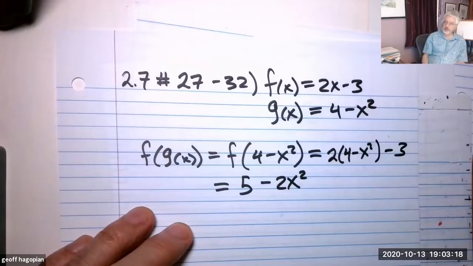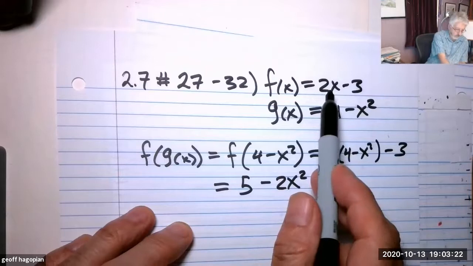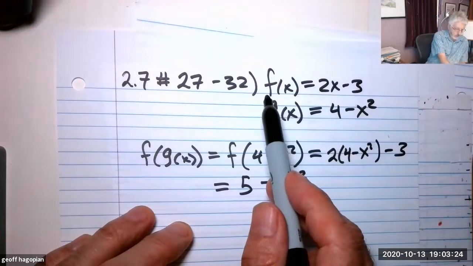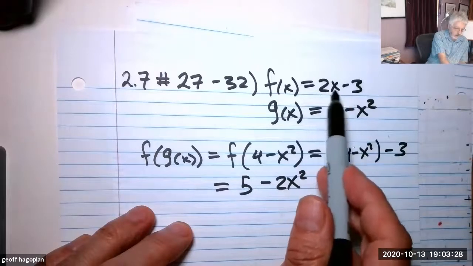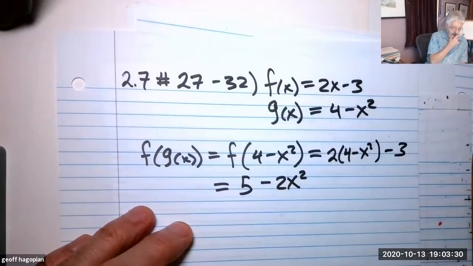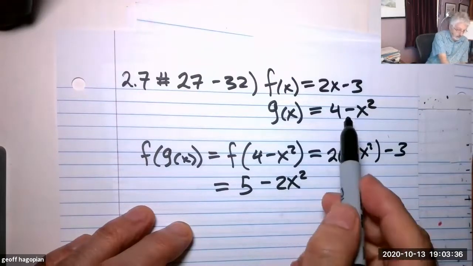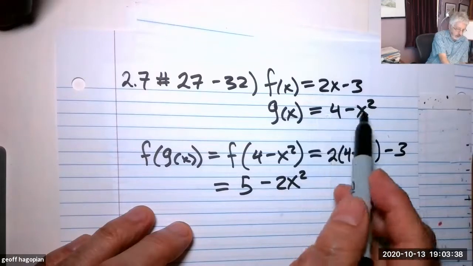What's the domain of that thing? Well, all real numbers, right? There's no restriction as to what you can plug into f. The range of f is also all real numbers. You can get any output you like by choosing the appropriate input. Domain of g is all real numbers.